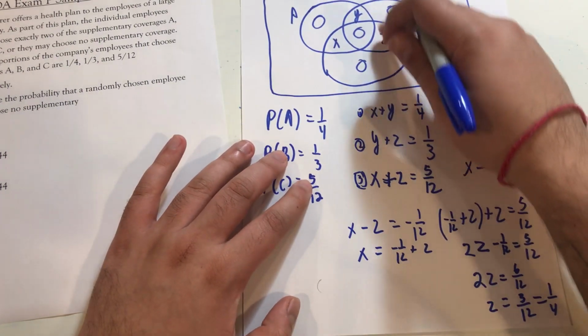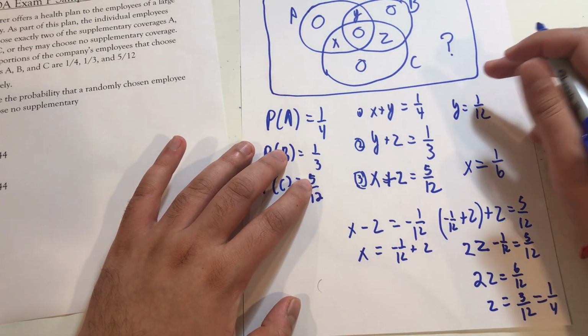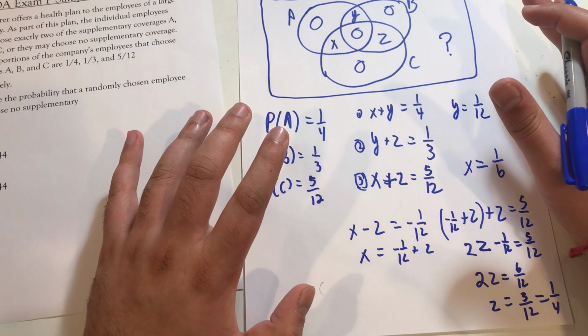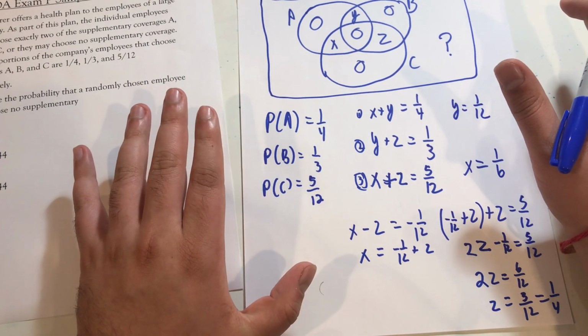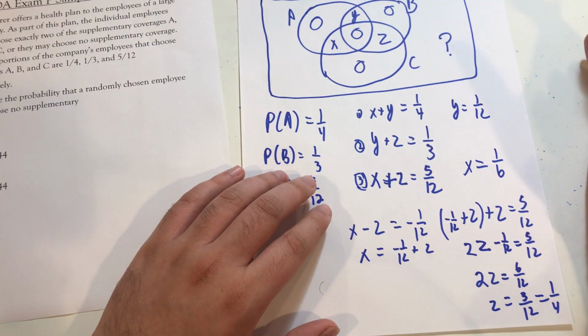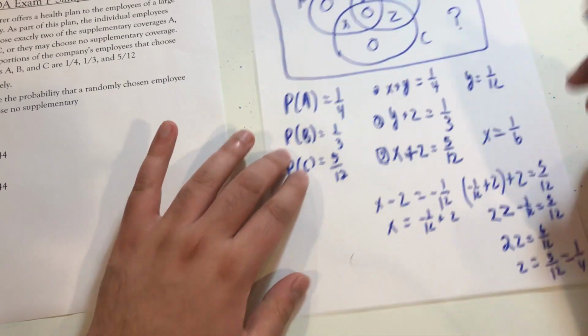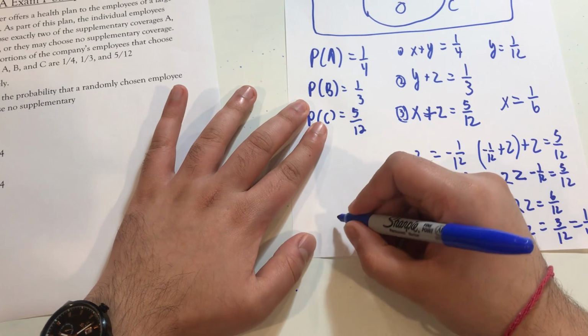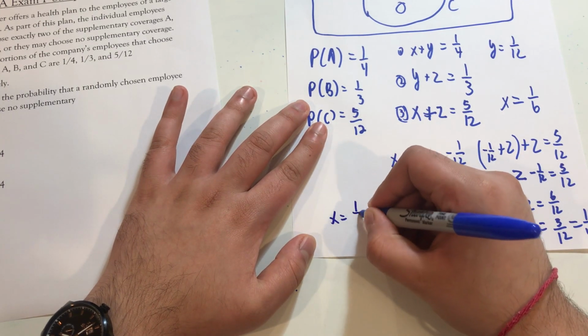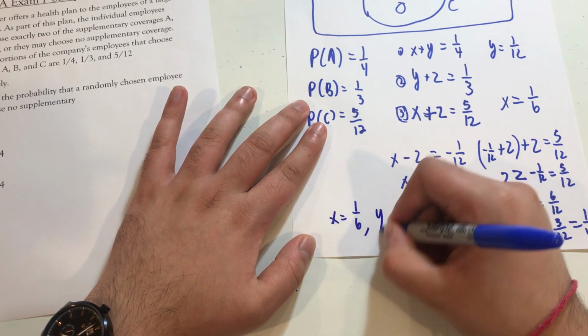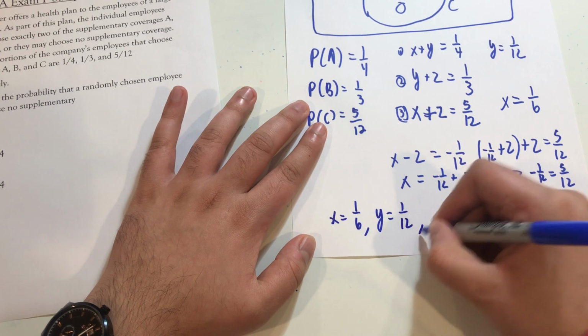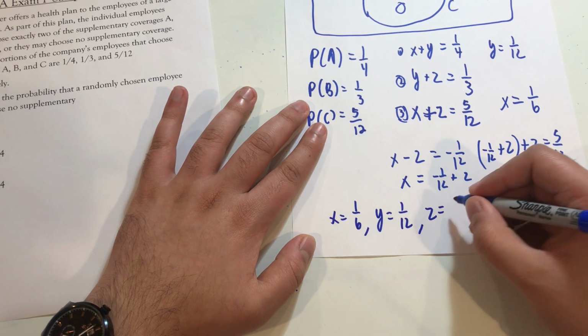So these three items, if I add them together, should be all of the proportion of the company's employees who have any coverage at all, right? I'll summarize it down here. X is equal to 1/6, y is equal to 1/12, and z is equal to 1/4.